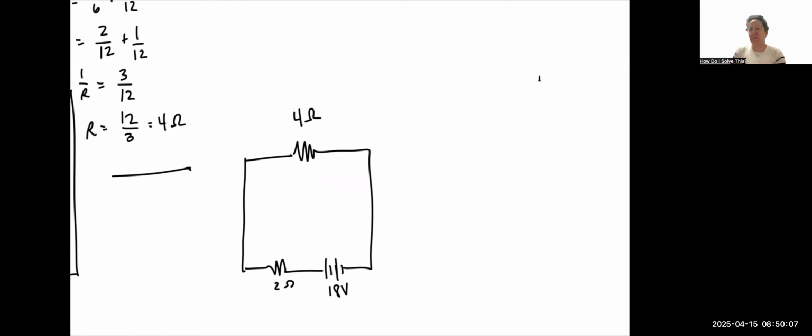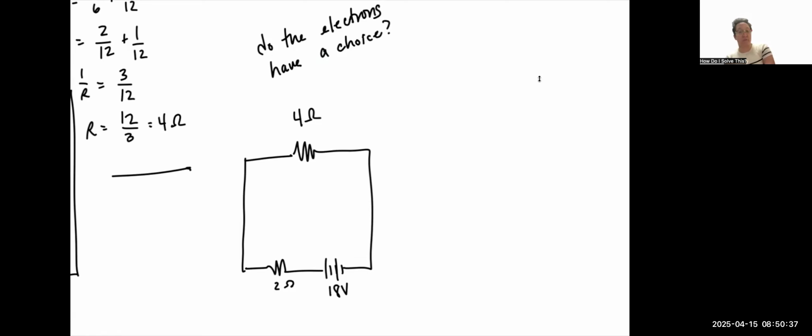And if you ever have a question about whether two things are in series or in parallel, and sometimes when it's drawn in this rectangle and there are resistors on all 4 sides, that becomes an issue, the question you should ask yourself is, do the electrons have a choice? What I mean by that is, are they going through either the 2 ohm resistor or the 4 ohm resistor, or do they have to go through both?